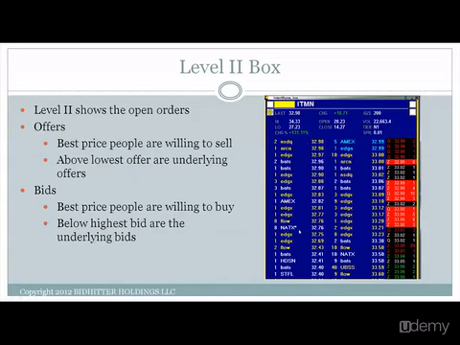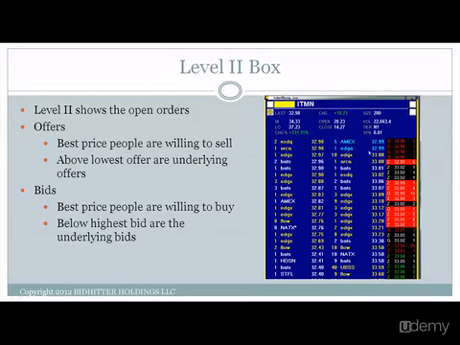So these are the guys that are patiently sticking their bid in for people to execute and hit the bids to get that stock, and vice versa. These are guys that have offers out, and there's people, these exchanges mean someone is on the bid here for 200 shares, and someone hit the bids for those 200 shares and got that guy's bid. Same thing goes with the offers.